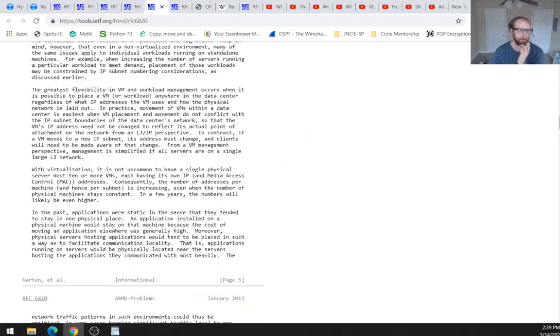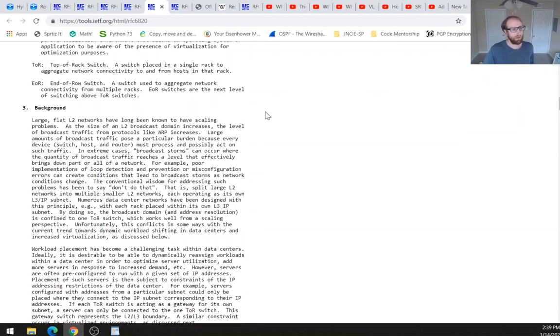Oh my god. Okay, so the background. Large flat L2 networks have long been known to have scaling problems. As the size of an L2 broadcast domain increases, the level of broadcast traffic from protocols like ARP increases.